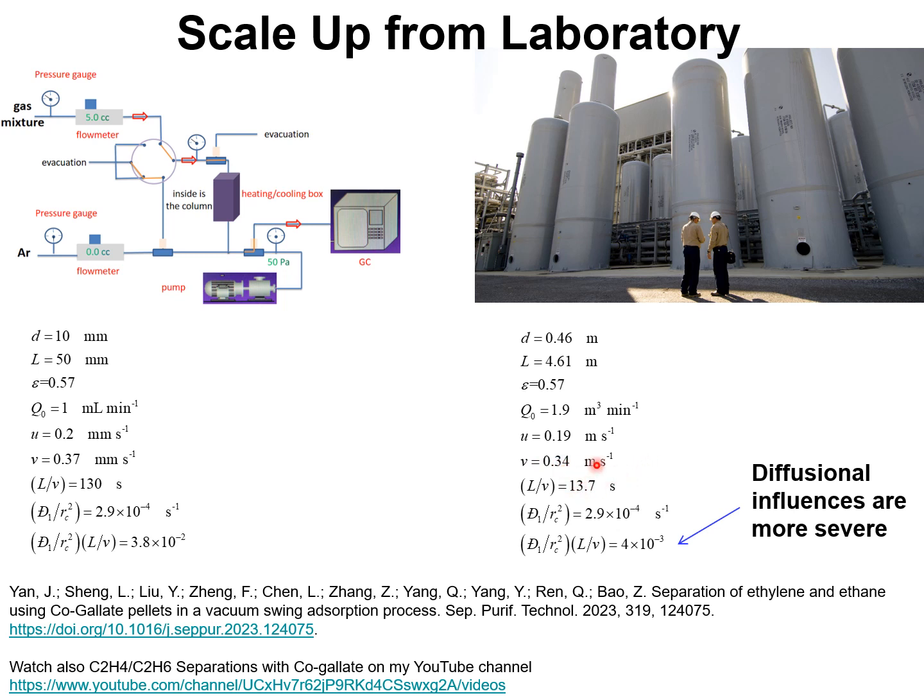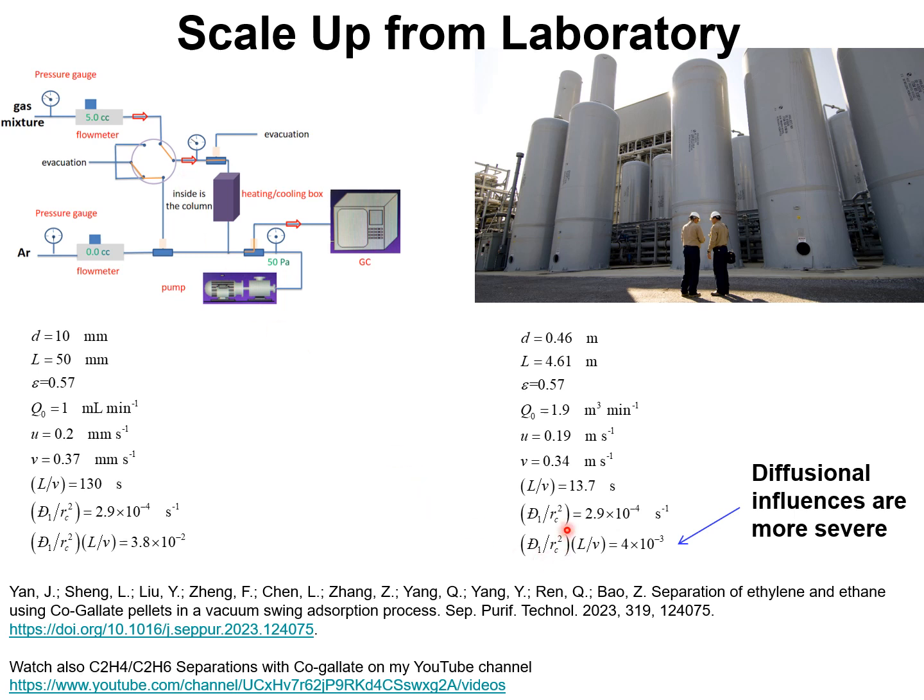We can see that these are significantly higher by about 3 orders of magnitude compared to the laboratory scale unit. The contact time between the pellets and the gas mixture is 13.7 seconds compared to 130 seconds in the laboratory experiments.